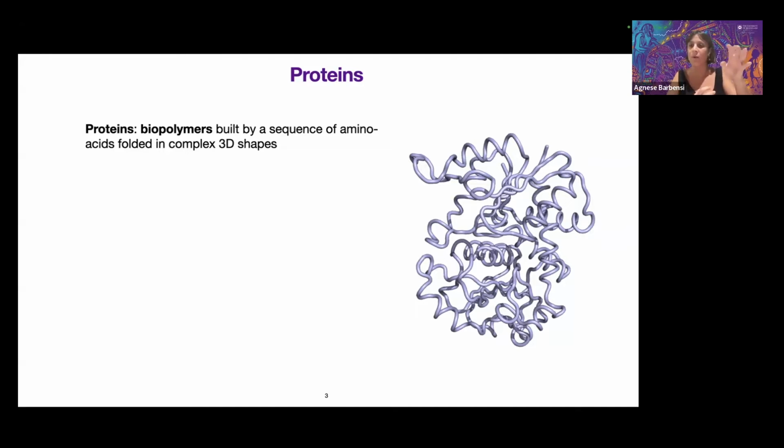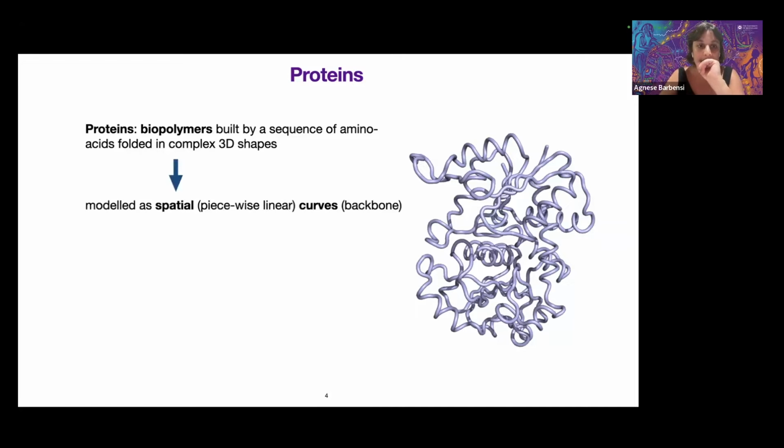And if we forget about all the 3D features of these amino acids, when you only focus on their spatial positions, we can think about a protein as a curve in space, as a spatial curve, as suggested here by the figure. That's the point of view we're going to take today. So we are going to think about a protein as a piecewise linear curve in space spanned by the backbone of the protein.